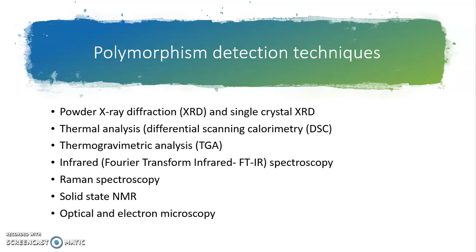Their packing properties may be different. Their thermodynamic properties, like their melting or vapor pressures, might have different values. Their spectroscopic properties are also different, because of which we can use spectroscopic methods to distinguish between different polymorphic forms. Their surface properties, their interfacial tensions, might be different.